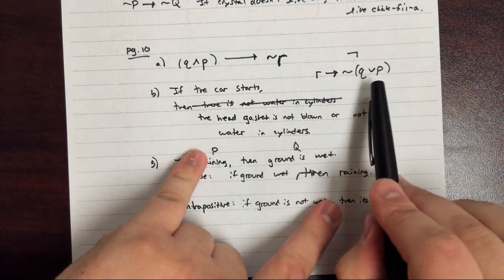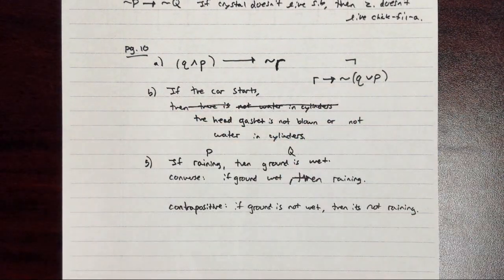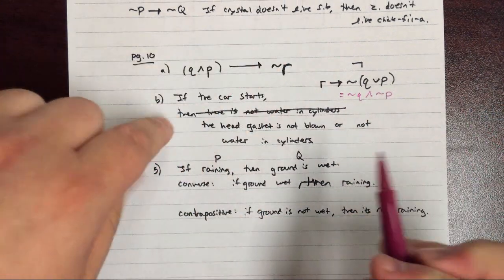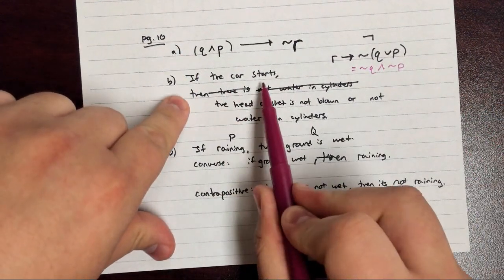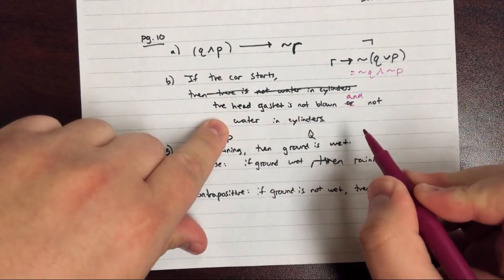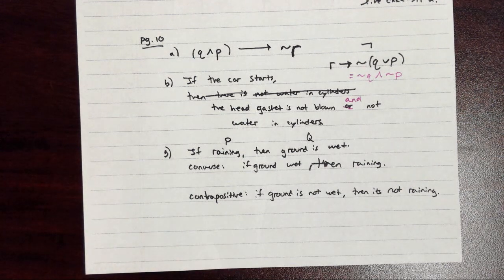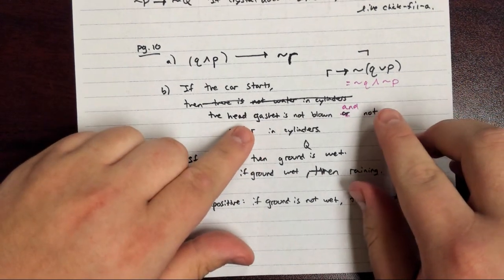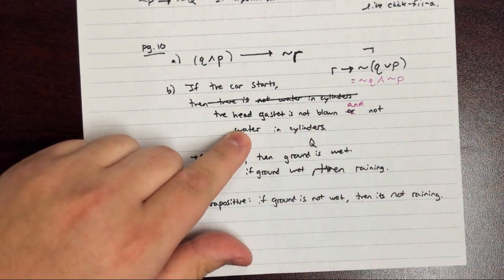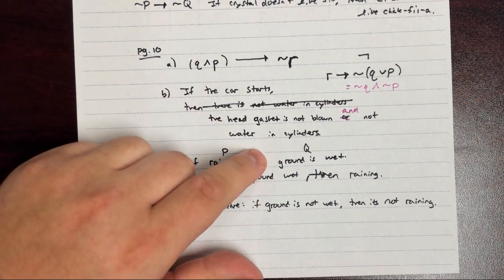So what this is telling us, if we have a not in front of an or like that, when it distributes, it's equivalent to saying not Q and not P. So if the car starts, then the head gasket is not blown and there's not water in the cylinders, is how we would say it out loud to be sound. That should make sense too, right? Because if we say or, and it's not an exclusive or kind of situation, then the car wouldn't start if there was still water in the cylinders.